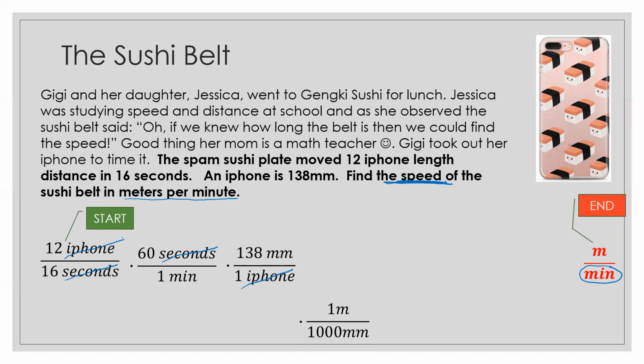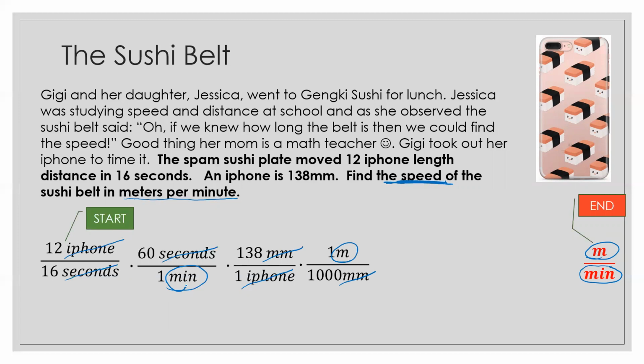And to go from millimeter to meter, milli, right? So that's 1,000. 1,000 millimeters is in 1 meter. Meter is on top, and I am at the unit that I want, meters per minute.